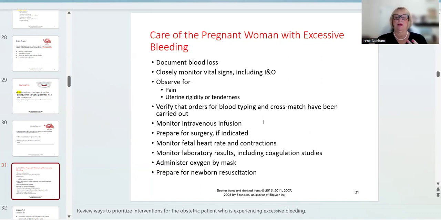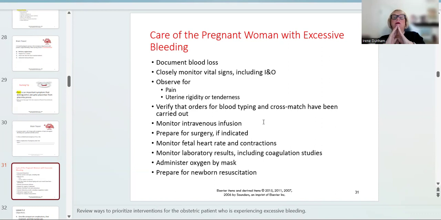When you get your lab results, you're going to look at all your blood work and see her hemoglobin and hematocrit, whether she's anemic. Look at her coagulation studies. What's her platelet count, her fibrinogen count? You're going to give her oxygen by mask, usually about 8 to 10 liters via tight face mask.